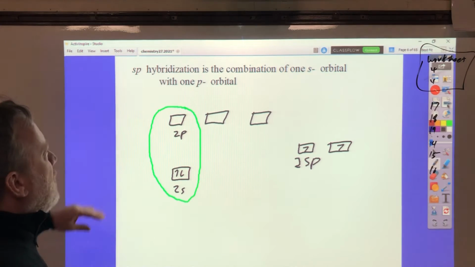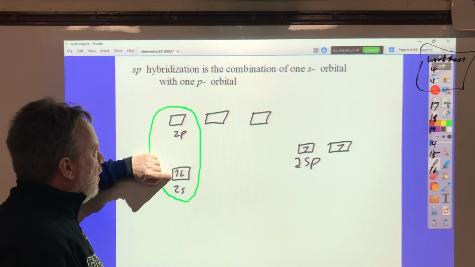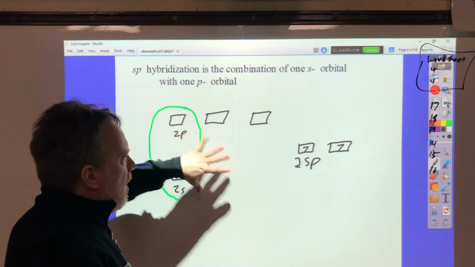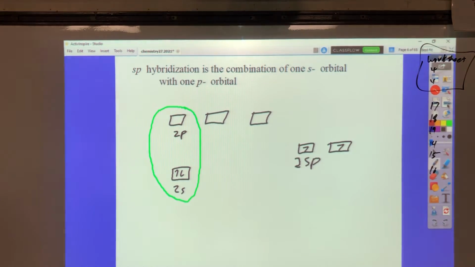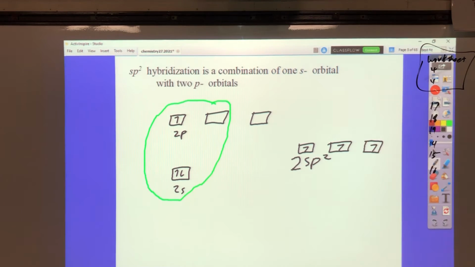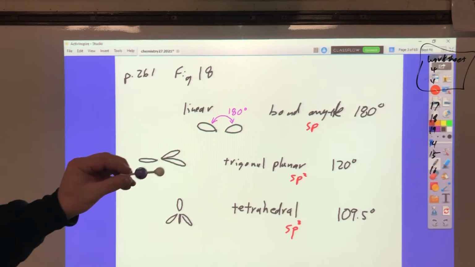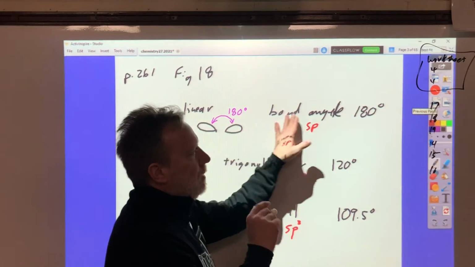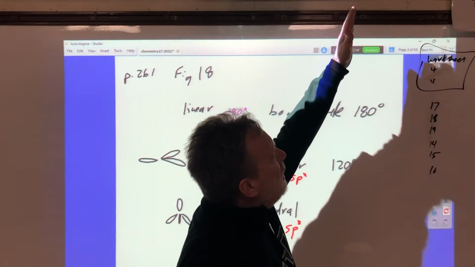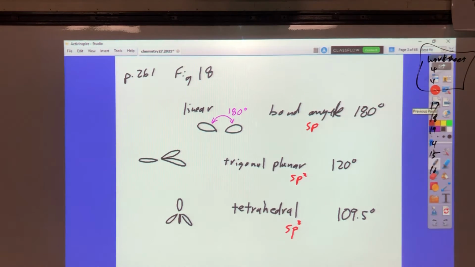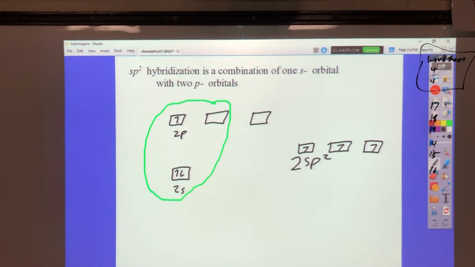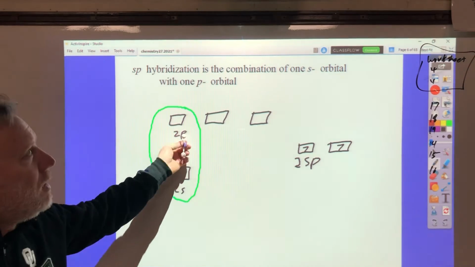If you do sp hybridization, you're going to take an s orbital and one of the p orbitals, and at least you'll have 2 orbitals with an electron in it. And when you're done, you end up with this guy, the linear. So the alkaline earth metals do this.